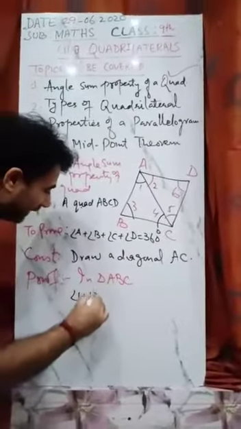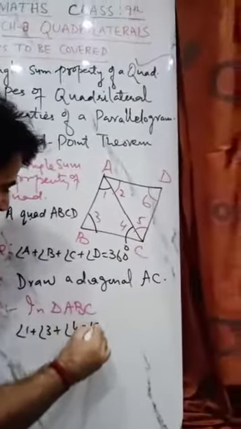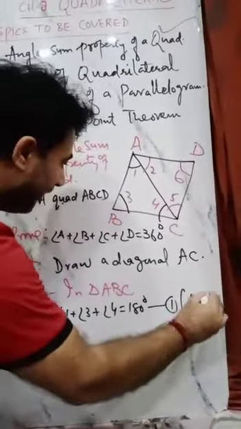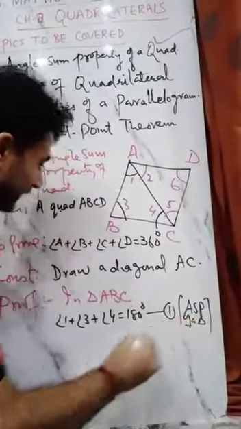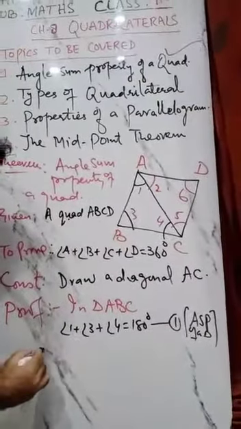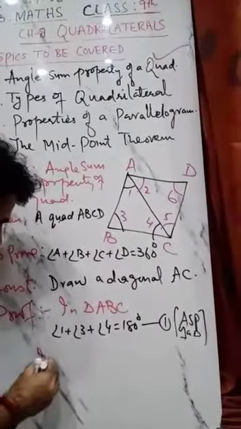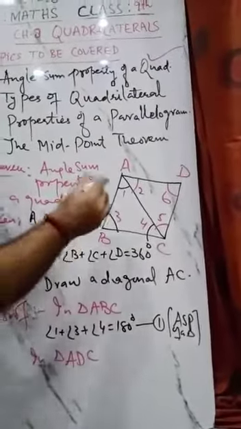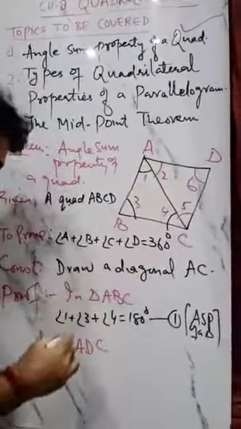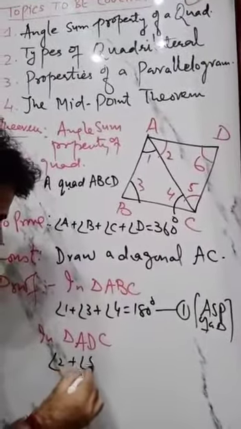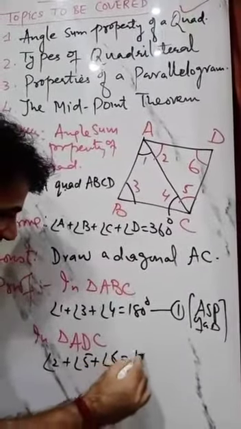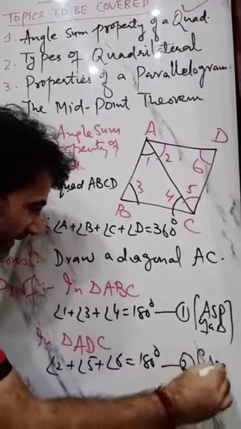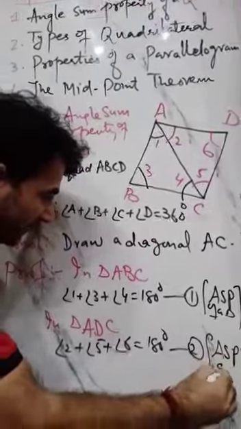Angle 1 plus angle 3 plus angle 4 is equal to 180. Why? Because of the angle sum property of a triangle. Now in the other triangle, ADC, we again have three angles, 2, 5 and 6. The sum of angle 2, angle 5 and angle 6 is also equal to 180. Again the reason is the angle sum property of a triangle.